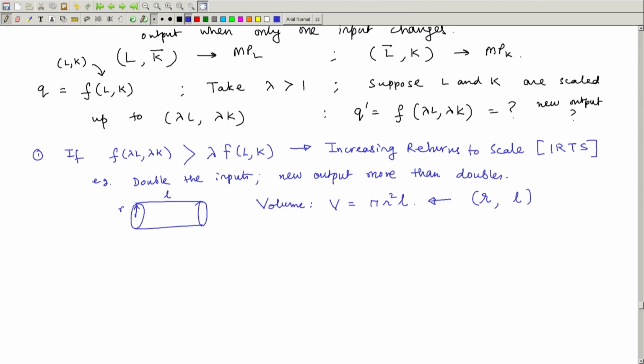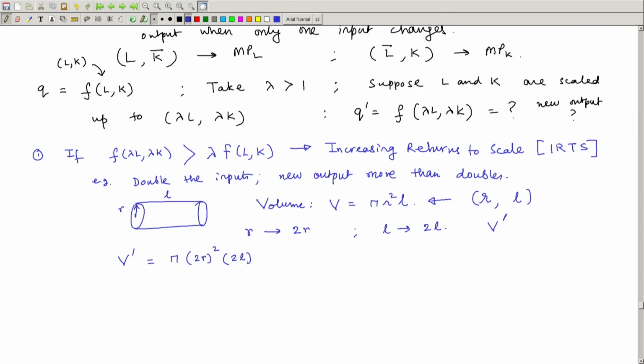Now, suppose I double both the radius and the length. So, the r is increased to 2 times r, I have doubled the radius of the pipe, and the length of the pipe is increased to 2 times L. I want to find out what has happened to the new volume. Well, recall the volume is pi times the radius, which is 2 times r now, whole square, times L, which is 2 times L now.